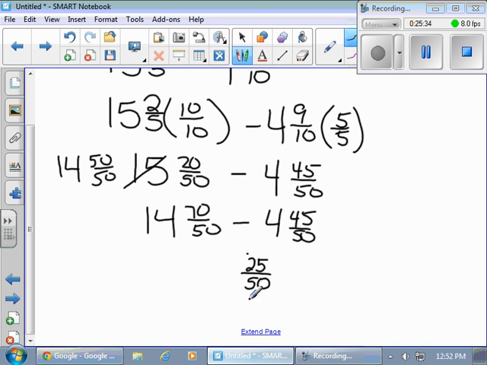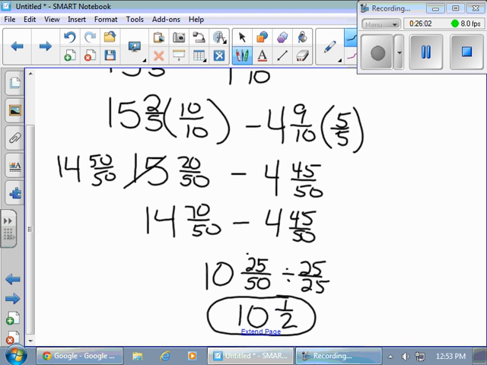Yes. 70 take away 45. And what's 14 take away 4? 10. Now, can I reduce this? By what? I can reduce by 25. I can do 5 and then reduce again by 5. Okay, that's fine. But I would have ended up with 10 and 1/2.